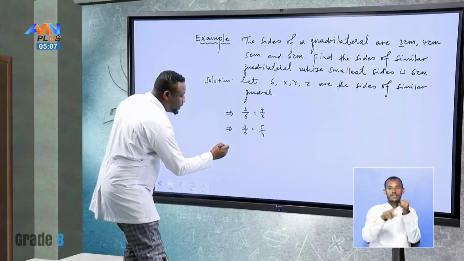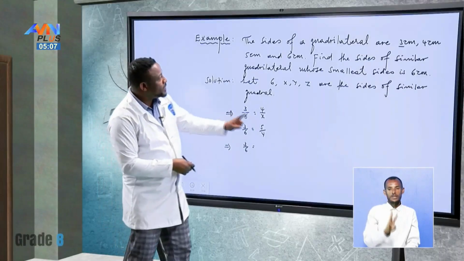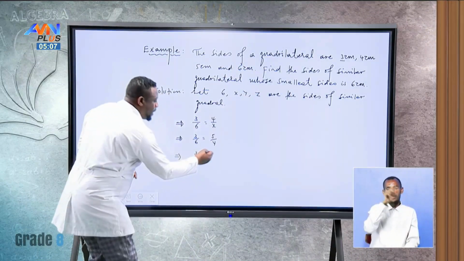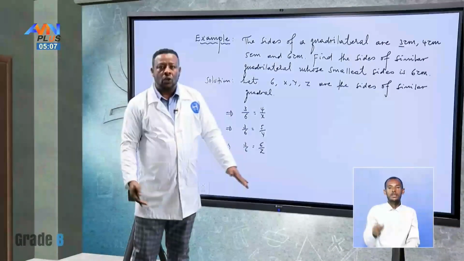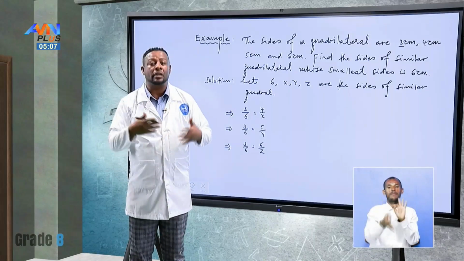Lastly, the ratio 3 over 6 must be the same as 6 over z, okay?